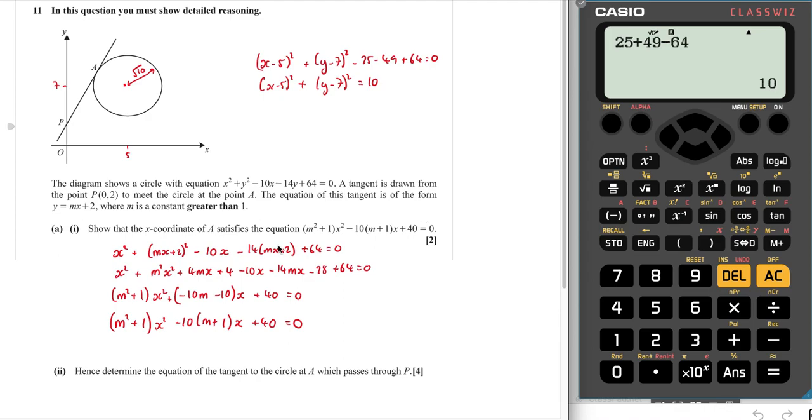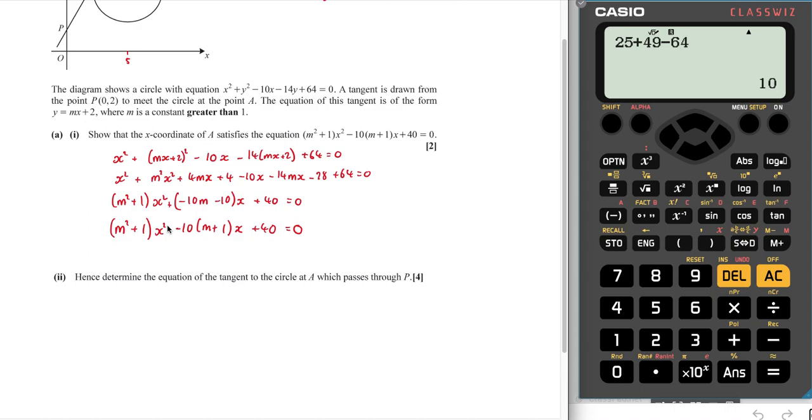Right, hence determine the equation of the tangent to the circle at A, which passes through P. So, that's my x-coordinate. If it's a tangent, that means it only intersects once, so that means the discriminant is equal to 0.